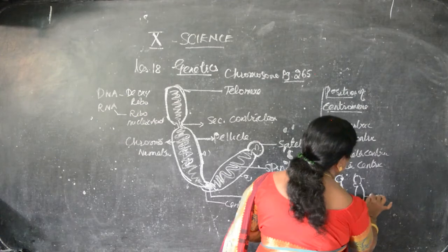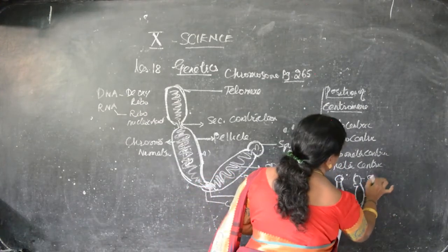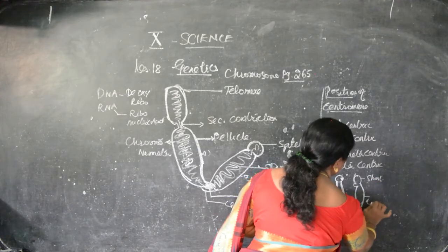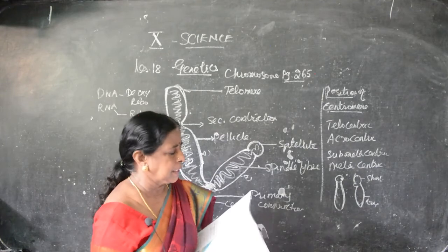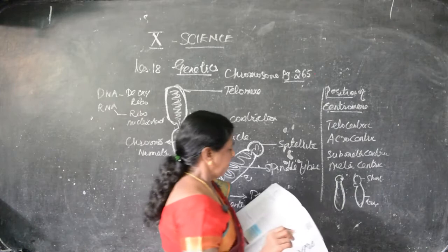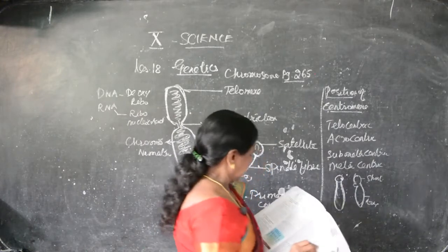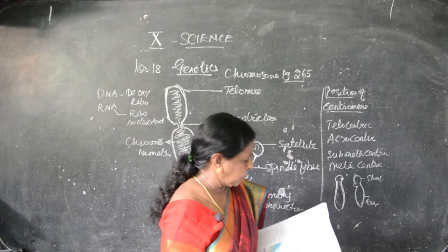This is one arm, and this is one arm. Both the arms are connected by the centromere. One is short, the other one is long. This is acrocentric. And submetacentric is in the shape of L. That is, the centromere is found near the center of the chromosome, thus forming two unequal arms.